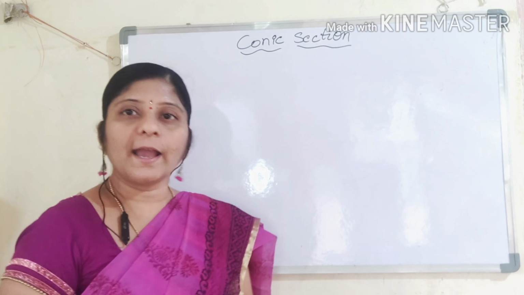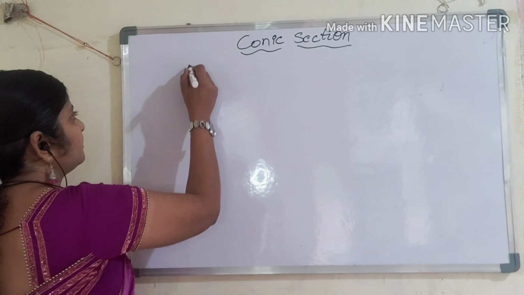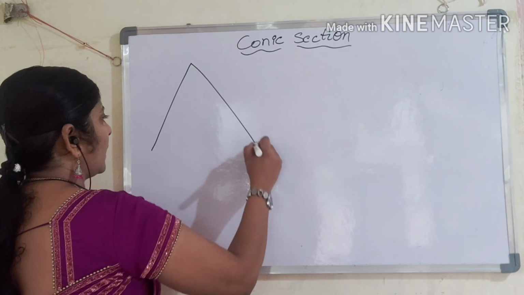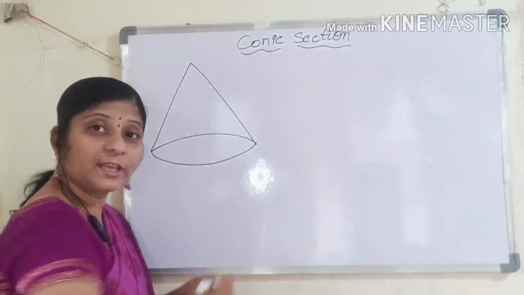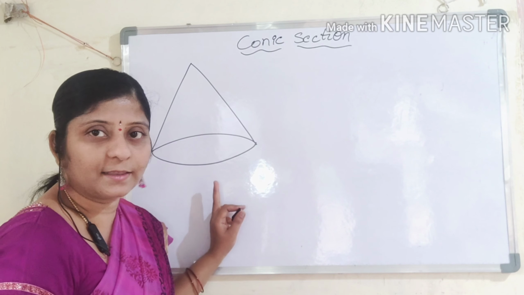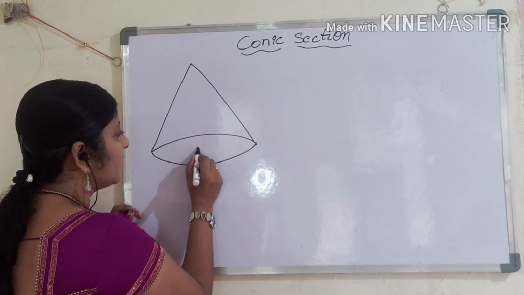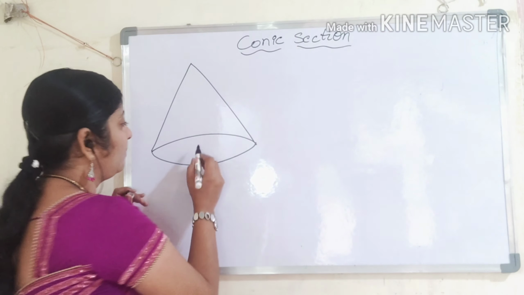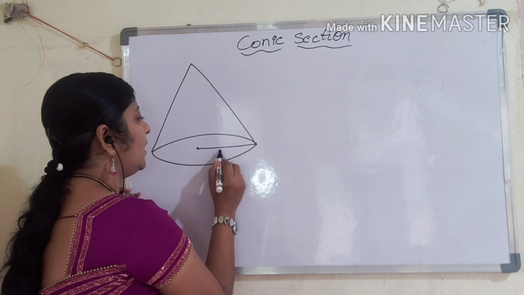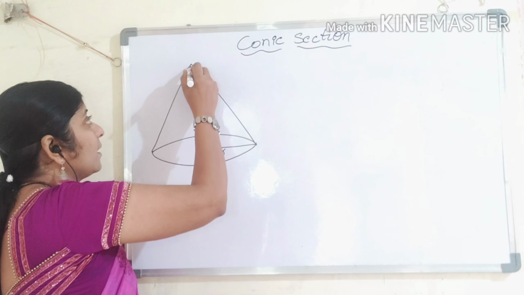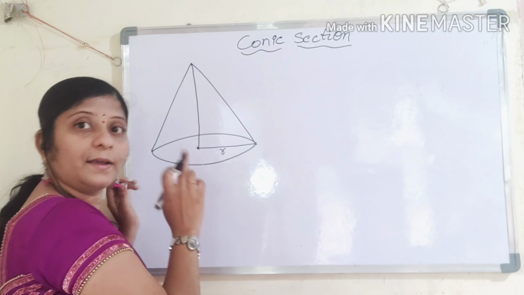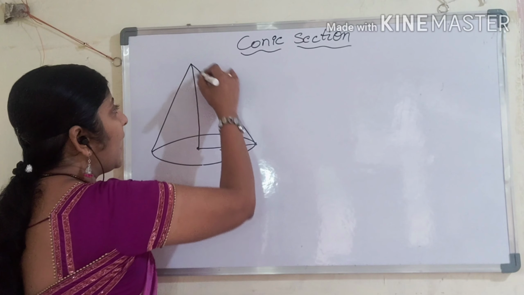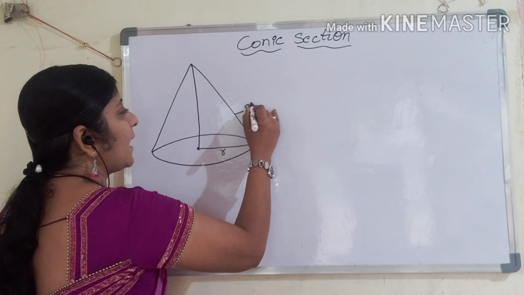I am taking here an inverted cone. You know that an inverted cone is like this. It is the center of the cone. And here it is called radius. This one is called axis. And this one is called slant height.